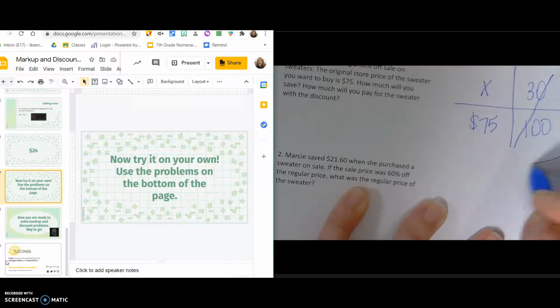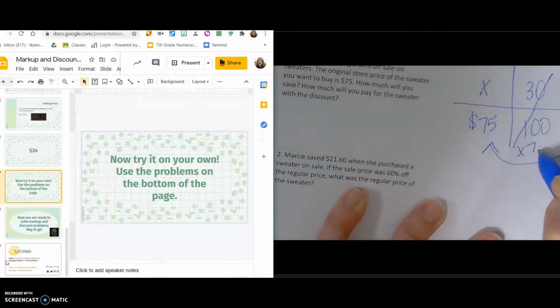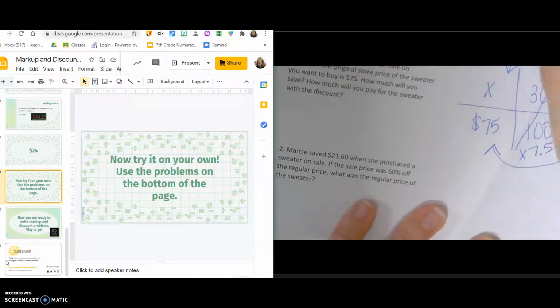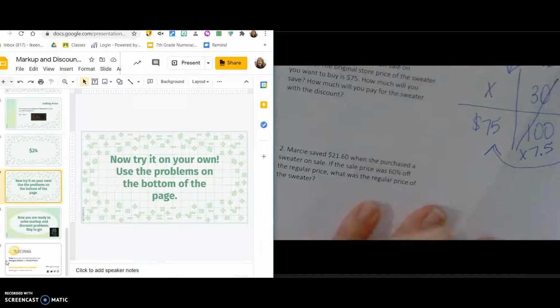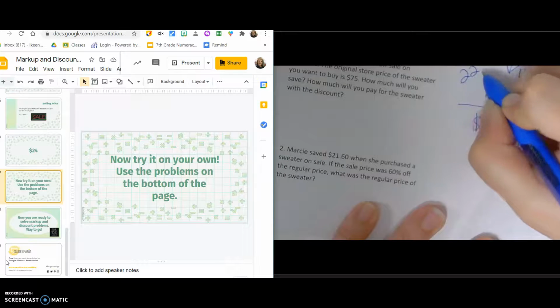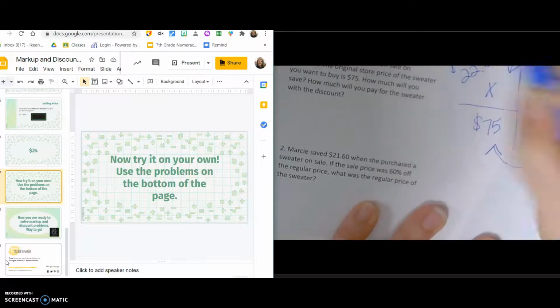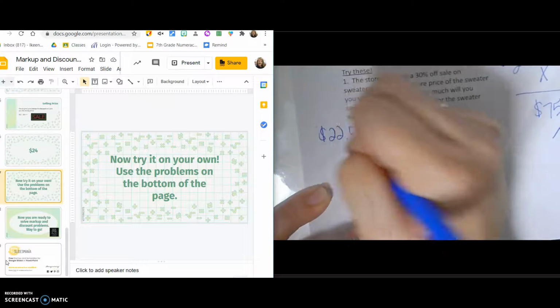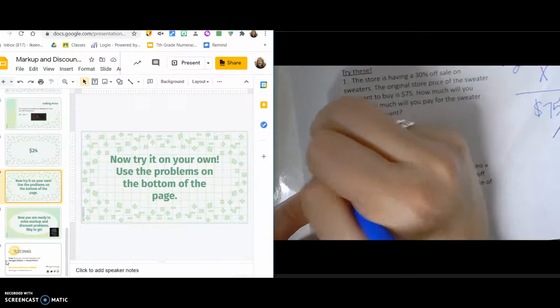And then I know that 10 times 7.5 would give me 75. So 3 times 7.5 would give me $22.50. So $22.50 is our discount.